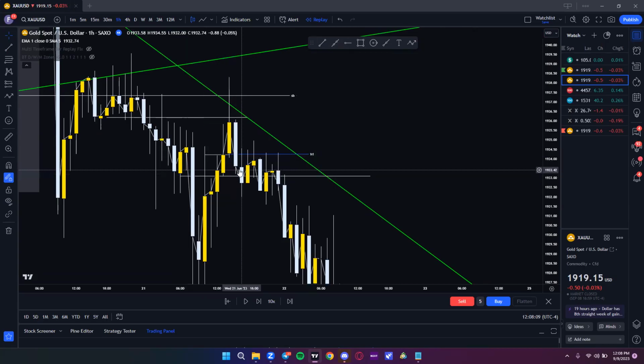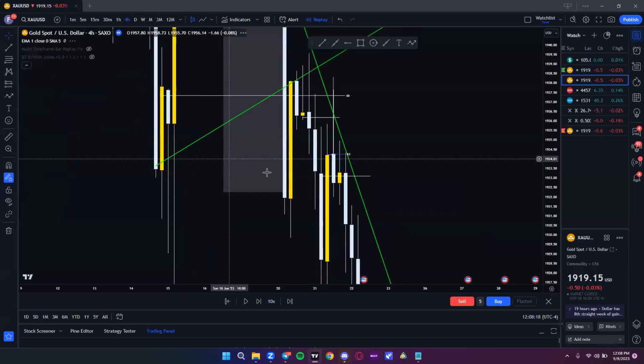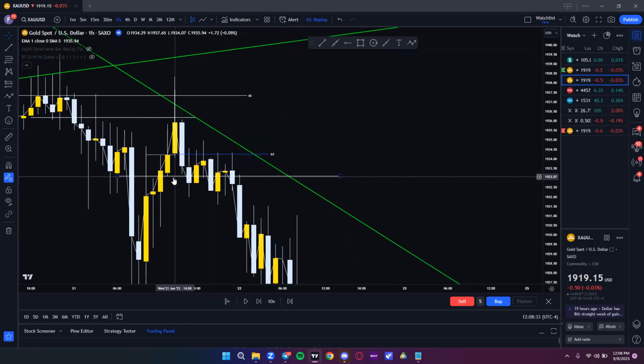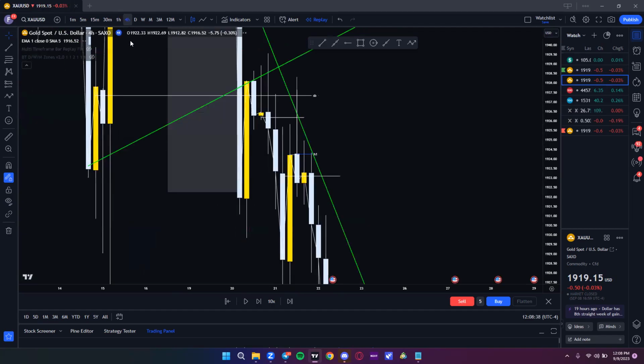H4 would be our priority, but you can see that when you do the refinement of this H4 level, I can't dive in too much into it yet, but when you use the multi-time frame, you'll see that to confirm your entry or such, each one is going to be used for control.